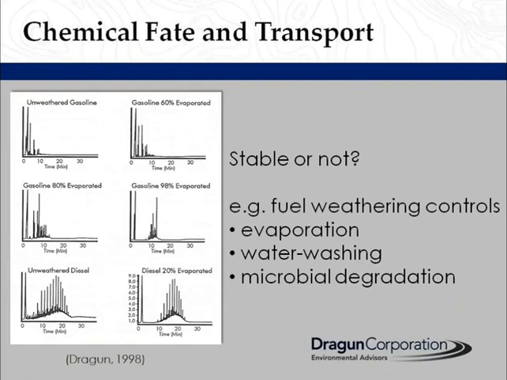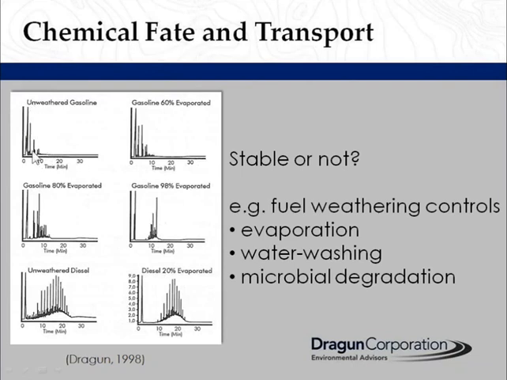Something that we often deal with is the weathering of fuels, things like gasoline or diesel, and this is a page out of Jim Dragon's book on gasoline, and these graphs here are GC-MS graphs, which basically you can use to interpret the concentration of various chemicals by when they come out in the GC reading.